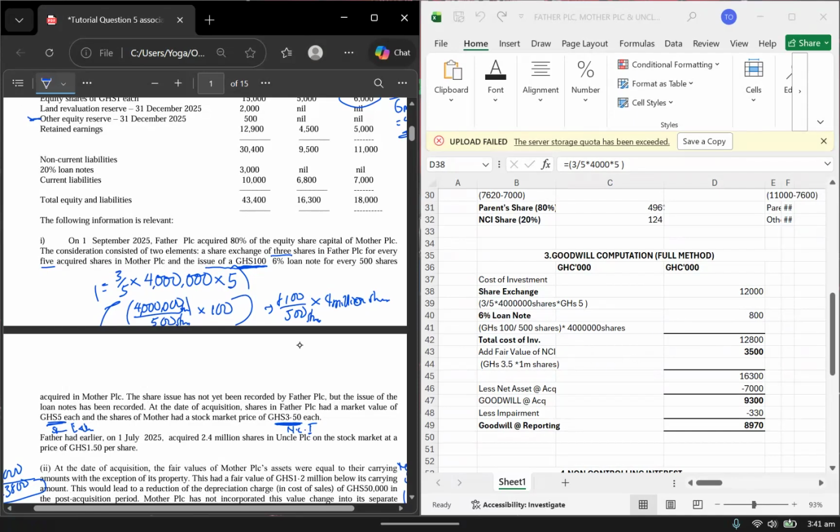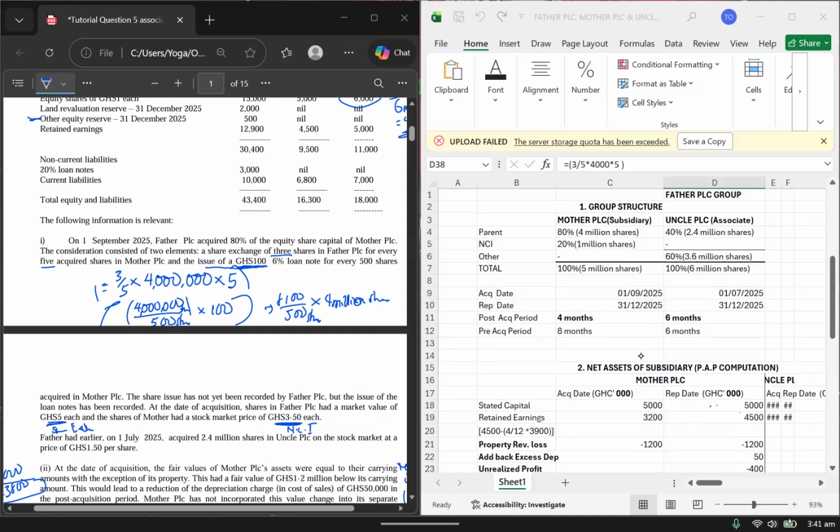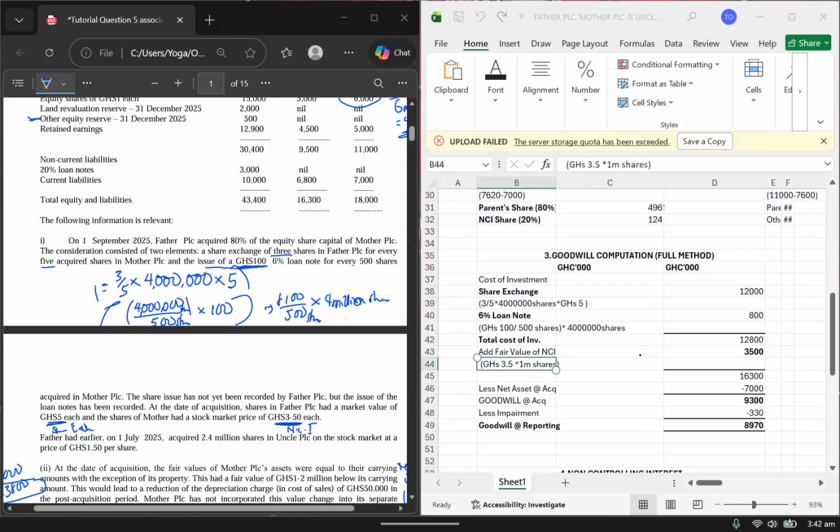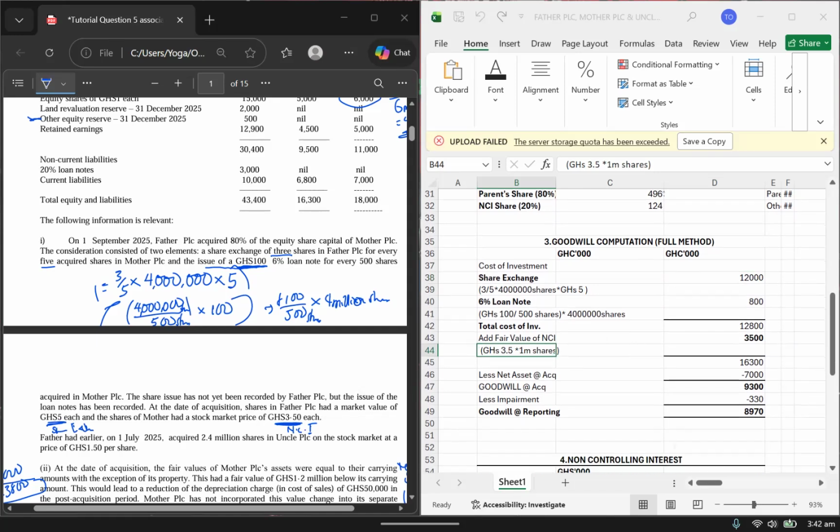And then because you're going by the fair value method, you add fair value of NCI to this. And then how do you get the fair value of NCI? The number of shares of NCI is what? 1 million. And the price for each is 3.5. So we have 3.5 Ghana cedis times 1 million shares, giving us 3,500,000. All right.